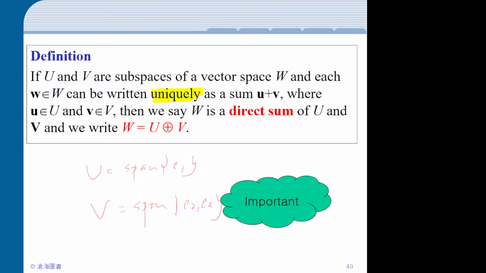Something, hopefully not too confusing to you, is you need to be a little careful.